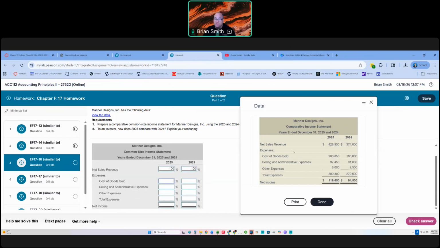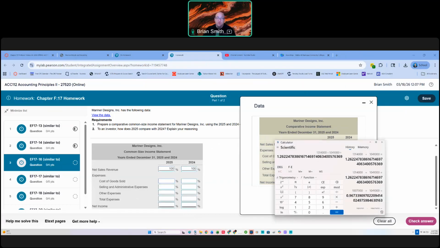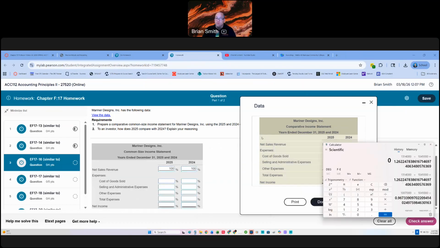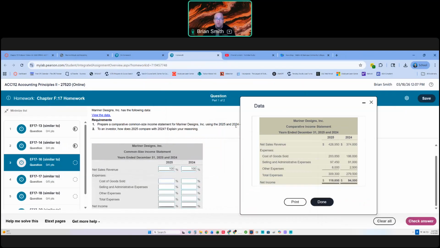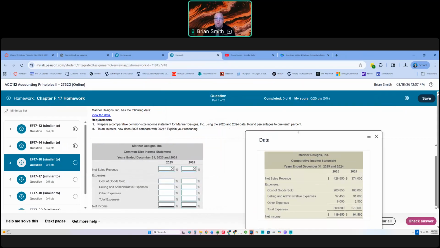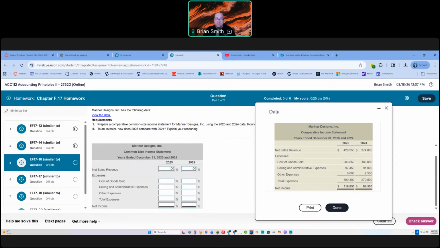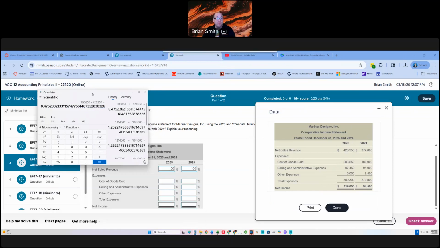Cost of goods sold, we're just taking this and dividing it by net sales revenue. 203,850 divided by 428,950, so we got 47. What do we want to round to on this one? One decimal place. Don't you love how everyone is different? It's my favorite thing about this. So we're going to do 47.5.